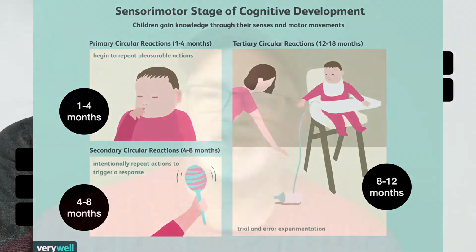Tertiary circular reactions were, according to Piaget, the realization that children are actually scientists. That the innate capacity we have to investigate, experiment with, and understand the world mirrors the scientific method. And it appears for the first time in tertiary circular reactions.